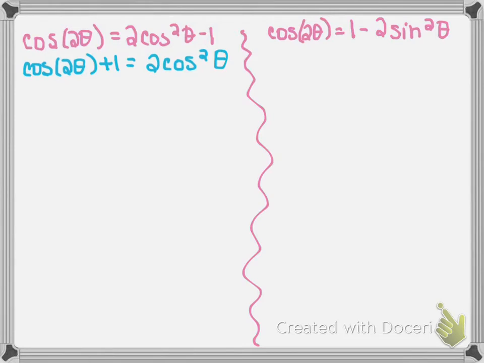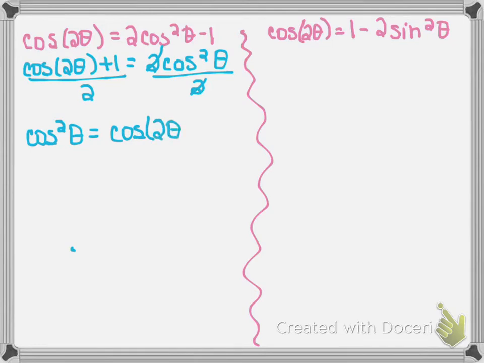And then I want the cosine squared theta by itself, so I'm going to divide by 2. Okay. So that and that will reduce. So I'm going to flip it, so I have my cosine squared on this side. So cosine squared theta is the cosine of 2 theta plus 1 over 2.